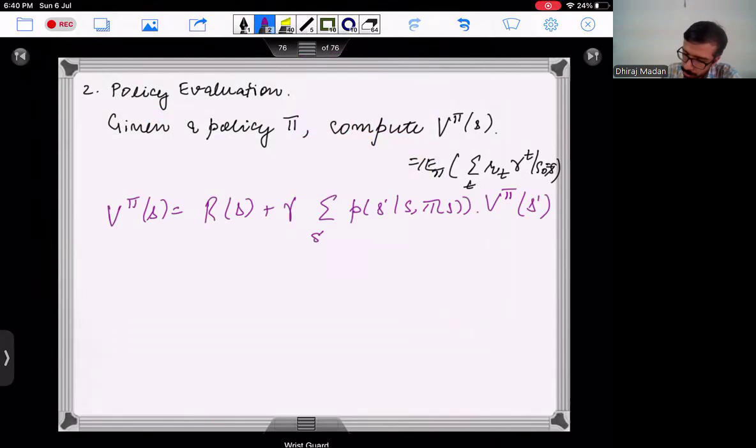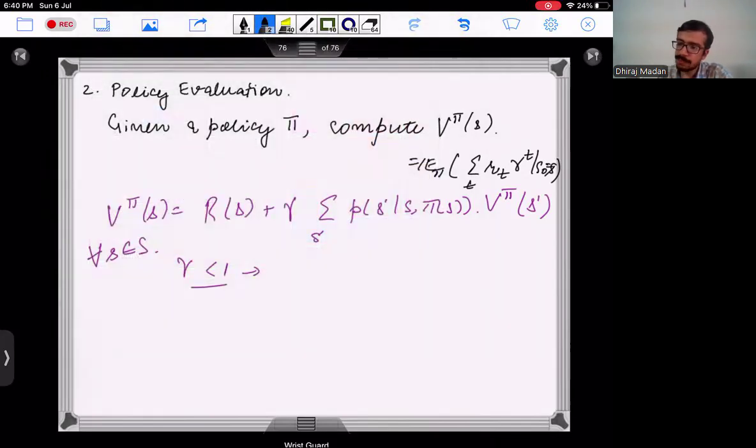So we have one such equation for every state. And again the number of equations as well as the number of variables is the same as the number of states. In order to show uniqueness and convergence, we had to use the idea of fixed point iterations. We saw that for gamma less than 1, we have a unique solution which always exists.